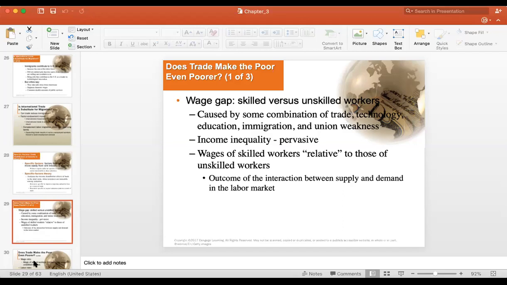And they have found also that because of all of these factors, including trade, of course, because trade, as I said, is probably responsible for 7%, all these factors taken together have in fact made income inequality a pervasive phenomenon, meaning you will find this income inequality everywhere you go.